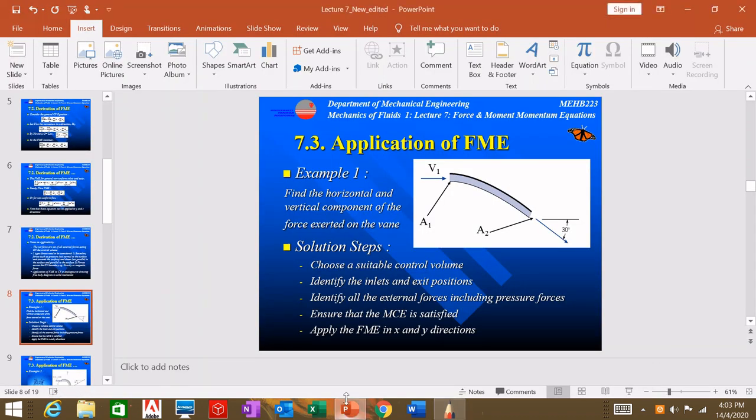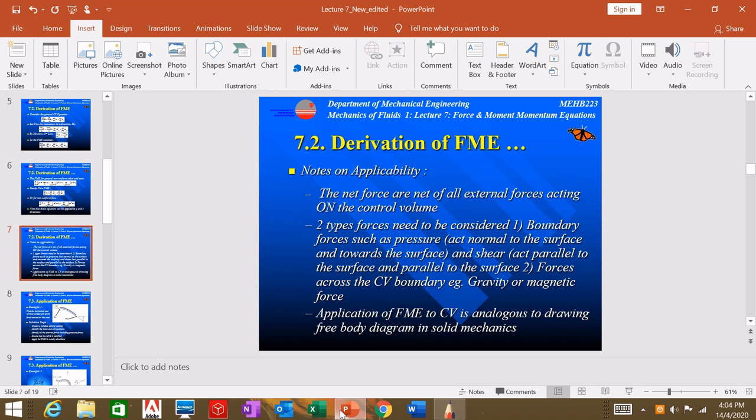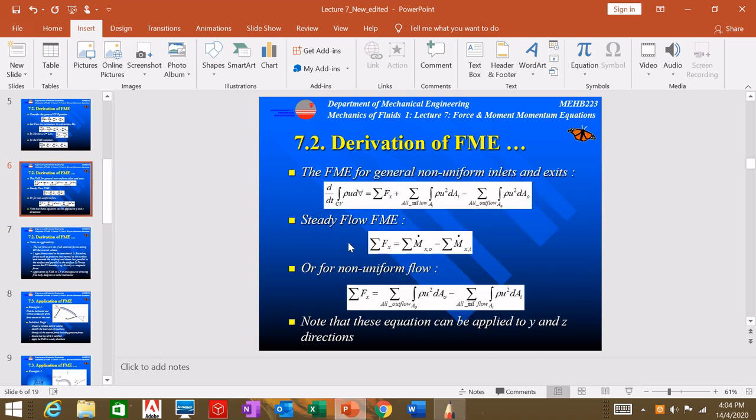And then apply the FME in X and Y direction. So now you can apply the FME, to the X direction first. Since this is a steady flow, you go back to the equation. This is the equation for a steady flow, and we assume uniform flow.